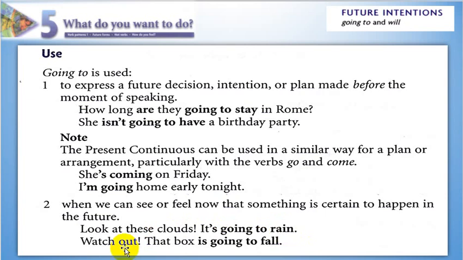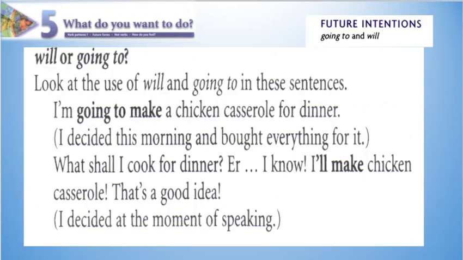Okay? Watch out, the box is going to fall. لأنه البوكس ممكن وضع بشكل خطأ أو على الحافة, فممكن it's going to fall. سيقع. Okay? So when we see or feel now that something is certain to happen in the future, we use going to.